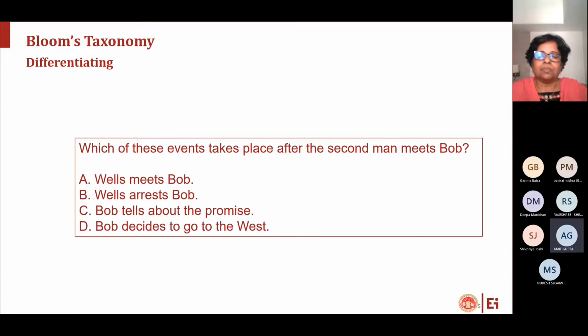Option C, Bob tells about the promise. Option D, Bob decides to go to the best. Thank you. Take a minute to think about the question and decide whether it is at a granular level or at a conceptual level.